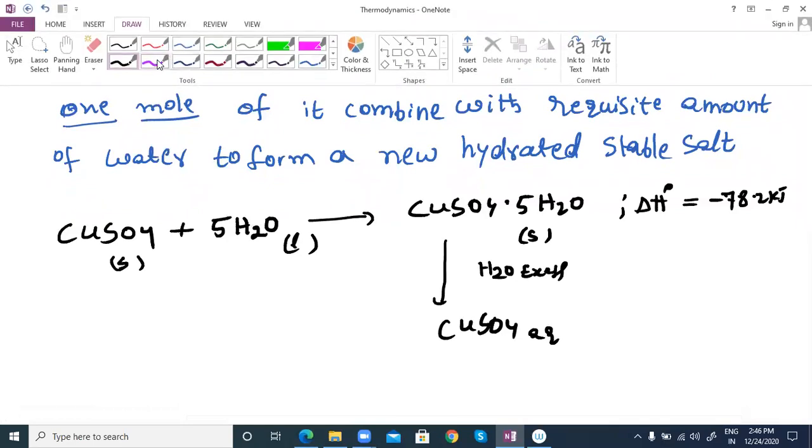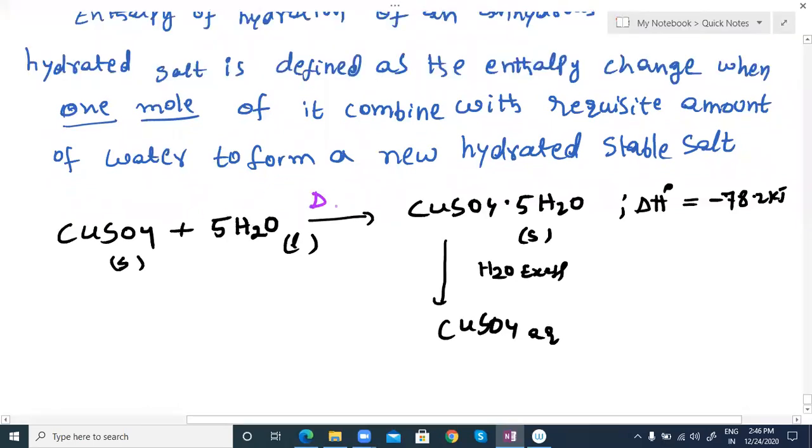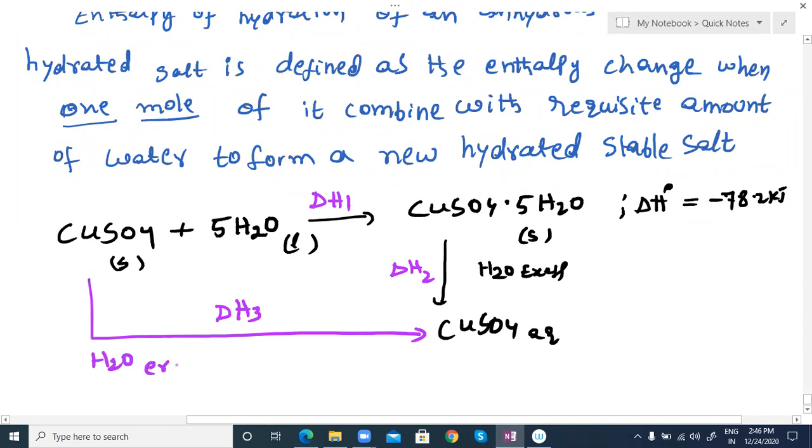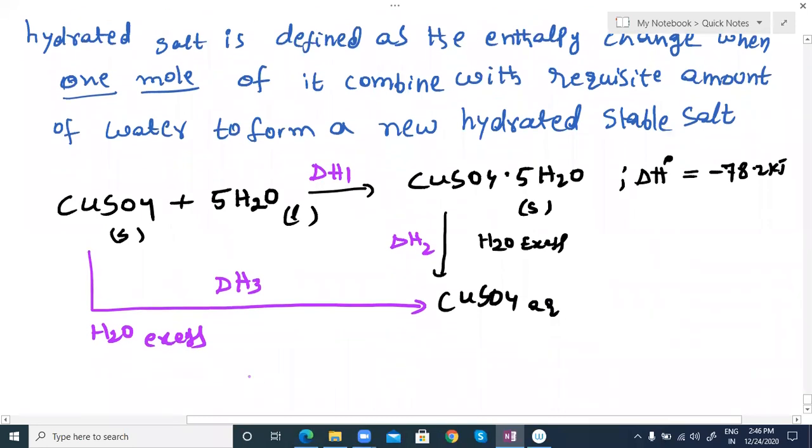This is delta H1, this is delta H2, and this reaction from here to here is delta H3. When I am directly adding excess water, we call that enthalpy of solution. So I can write delta H solution equal to delta H1 plus delta H2.